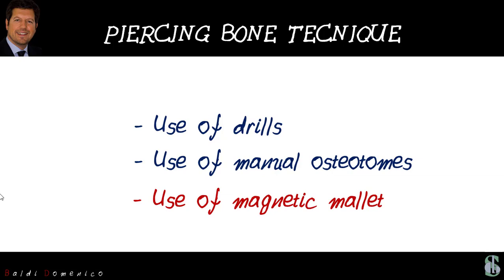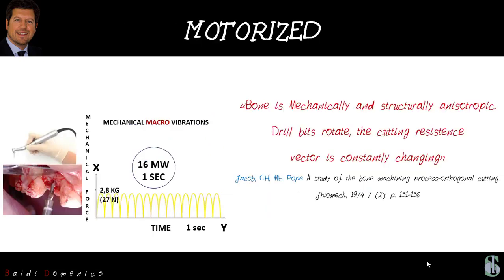If we analyze motorized systems, we can see that the bone is mechanical and structural anisotropic. Drill bits rotate, so the cutting resistance vector is constantly changing. When we speak about motorized systems, we mean drills and burrs.